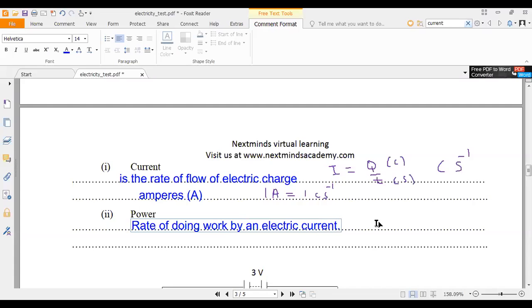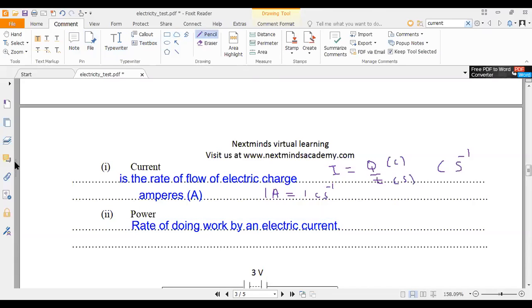From the same definition, if we put power mathematically, power will be given by the electrical work done divided by the time taken. We know that the electrical work done is given by IVT, or VIT. So power is IVT divided by time, which means power is given by IV.